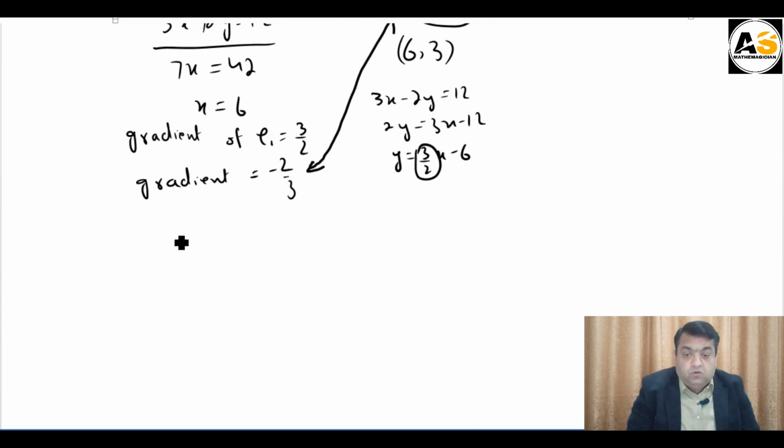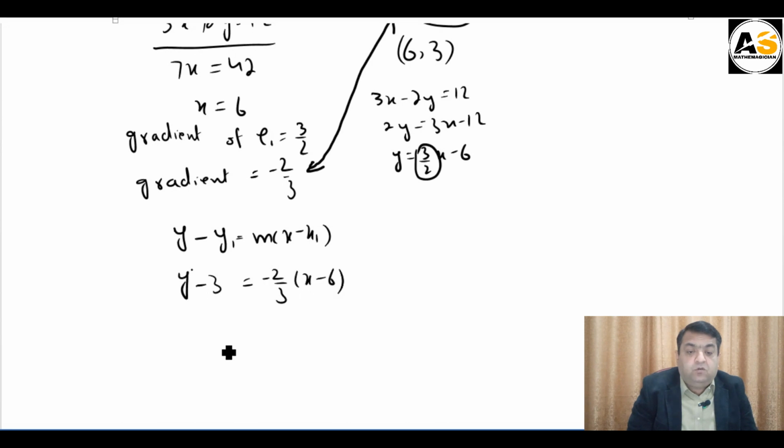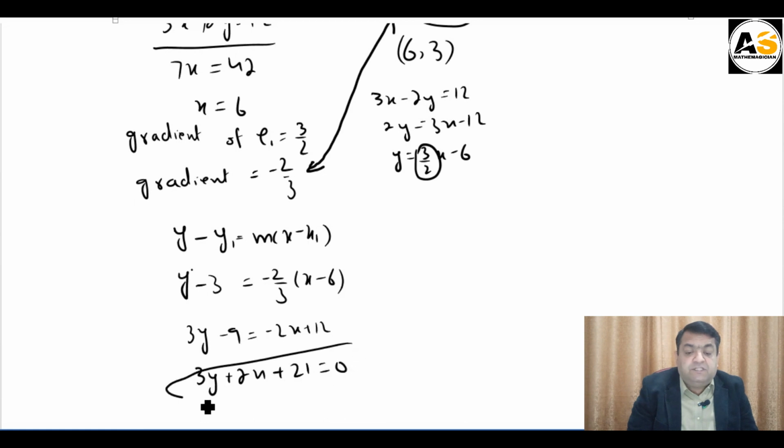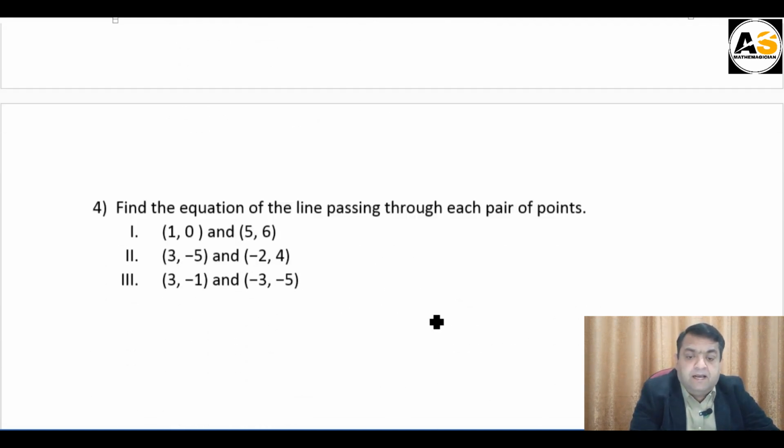Gradient is minus 2 by 3, y minus y1, which is 3, is equal to m into x minus x1. 3y minus 9 is equal to minus 2x plus 12, 3y plus 2x minus 21 is equal to 0. This is the general form of the required line. I hope this is clear.